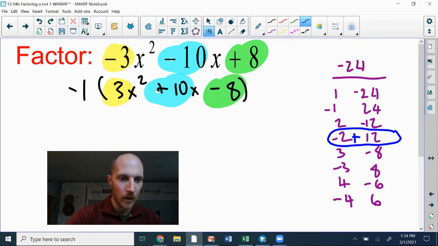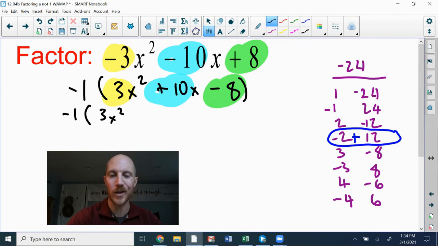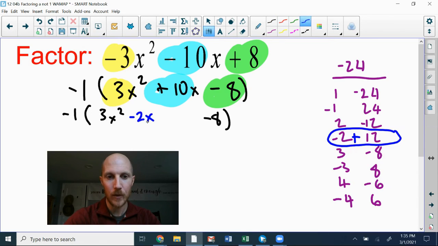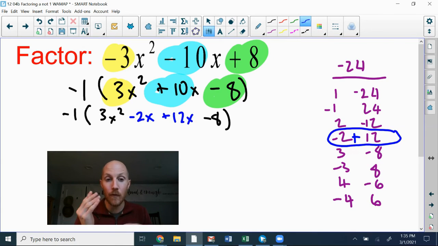Okay, so this negative 1, I'm not doing anything with it, but it is part of my answer. So I'm just going to leave it there. It's going to come along for the ride until I get the rest of this worked out. So the middle term, that positive 10x, I am breaking apart into these two pieces, negative 2x, positive 12x. And so now inside the parentheses, I have 4 terms.